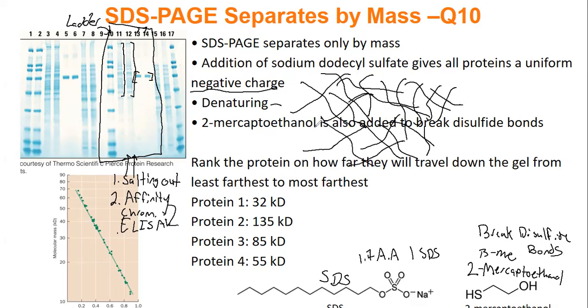So it's a web of chemicals. And big proteins get stuck in this web and they don't move very far down. Small proteins can go through the holes in this web, so they move down the farthest. So small proteins go down far, big proteins are at the top.